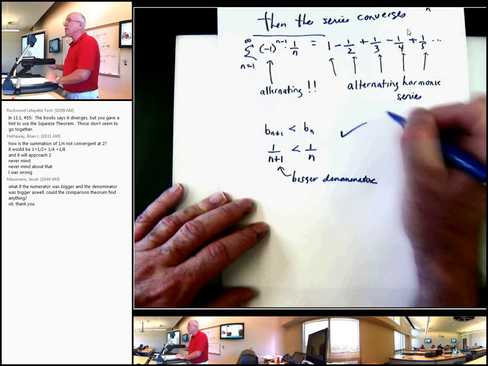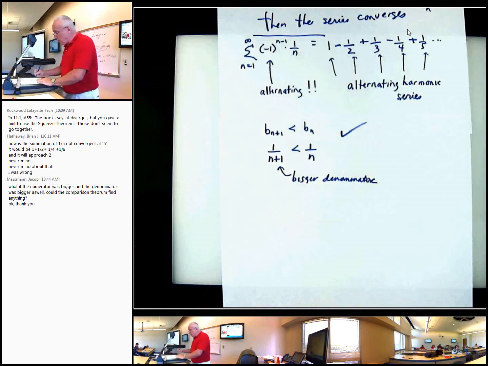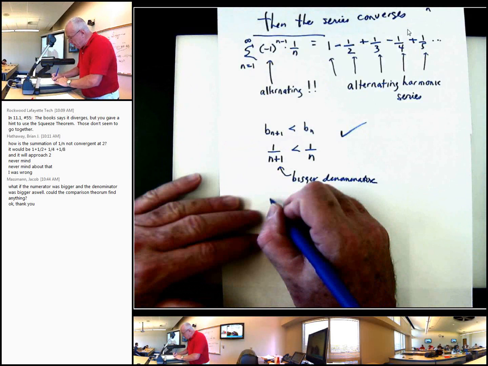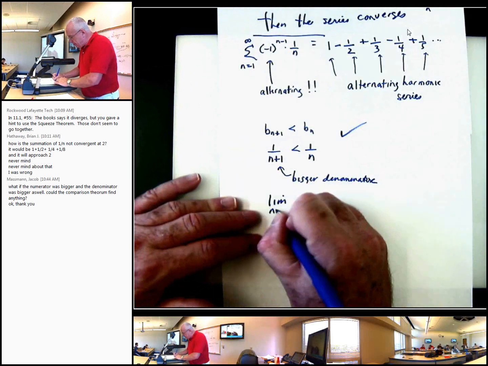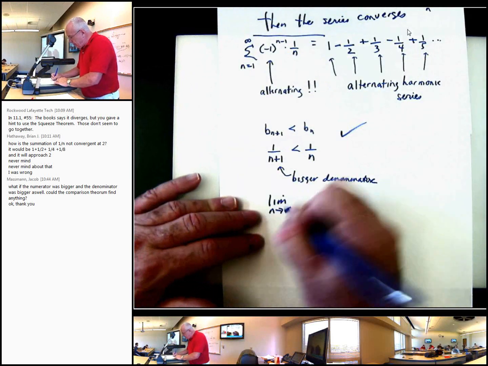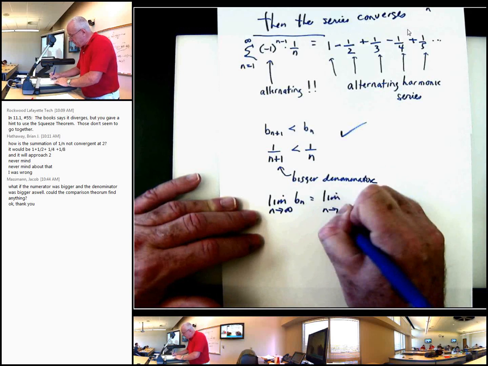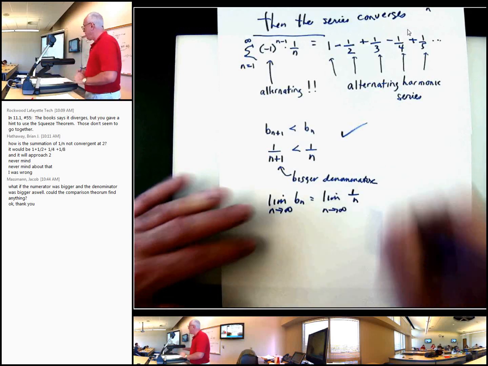So we can check that we meet that. And of course, the b terms are all positive. Now let's look then also at the limit as n approaches infinity of the b sub n. So that's the limit as n goes to infinity. Our b sub n is 1 over n.